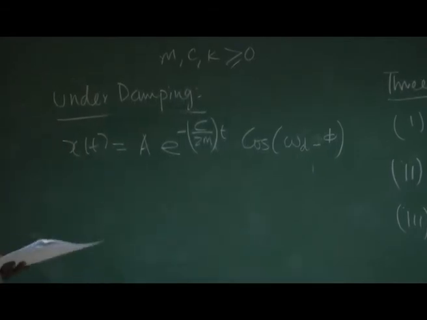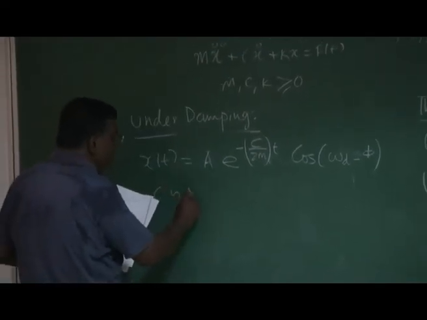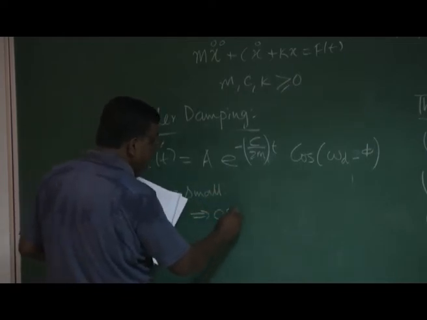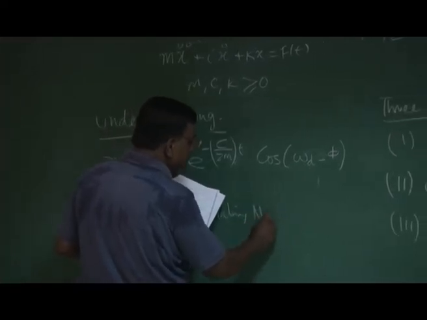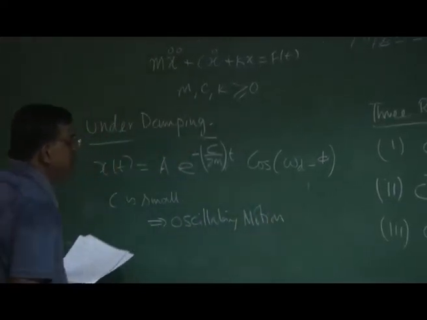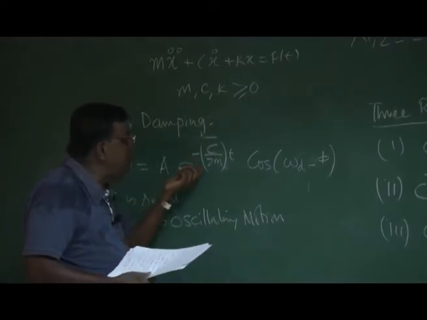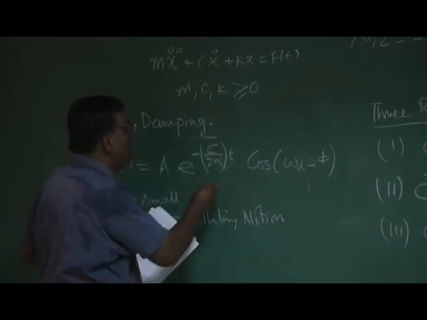You know that if c is 0, it is sinusoidal. If c is relatively small, it will have oscillatory motion. You see that? Oscillatory motion, because e to the power this is negative, the amplitude will go on decreasing. That is the important thing.